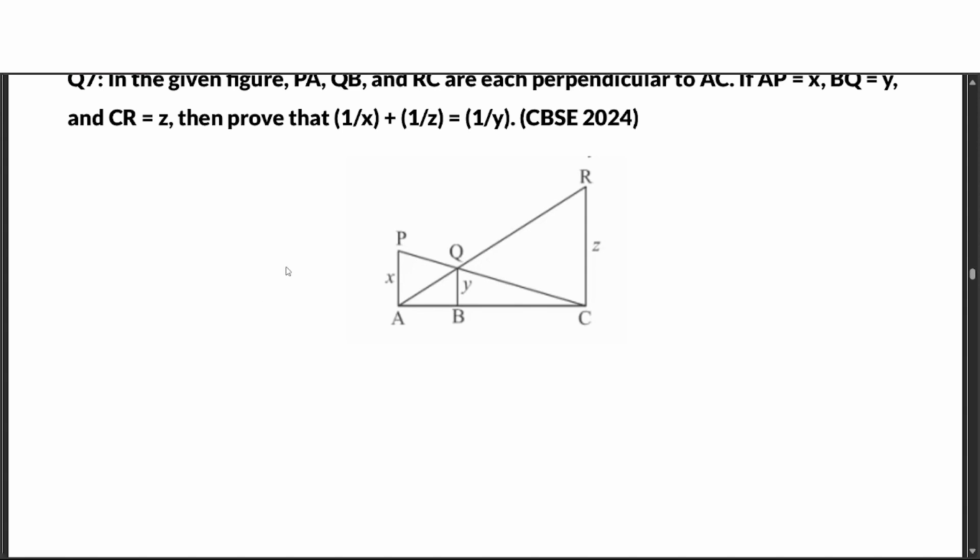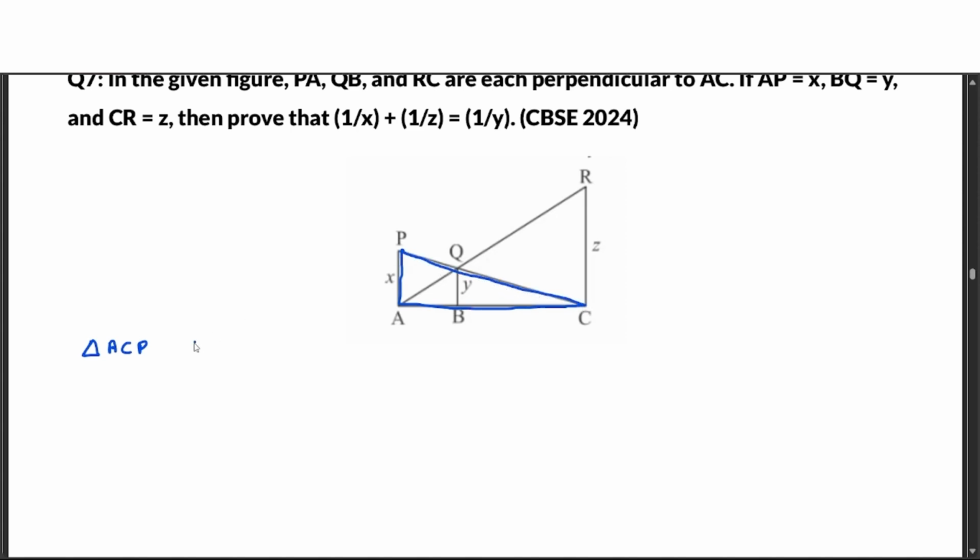First, in this figure we will take two triangles. First we will take triangle ACP. Which one is your ACP triangle? This triangle we can take here, this one, underlined. I am taking this one.